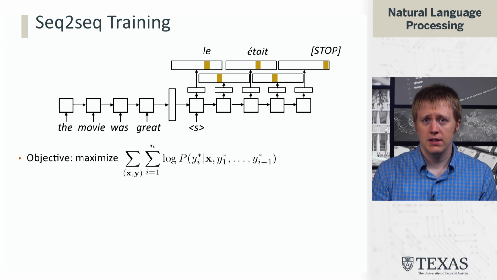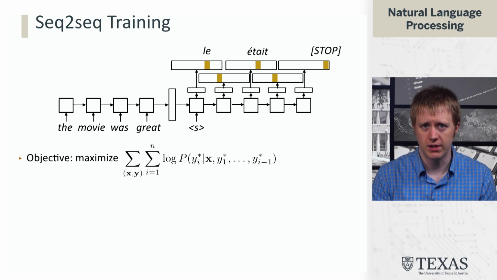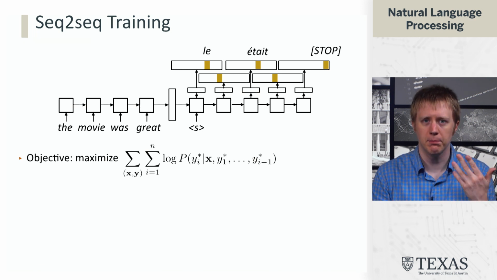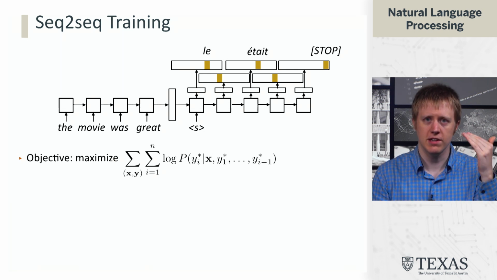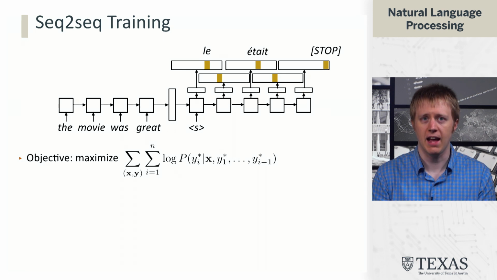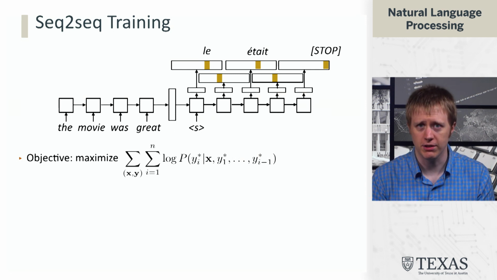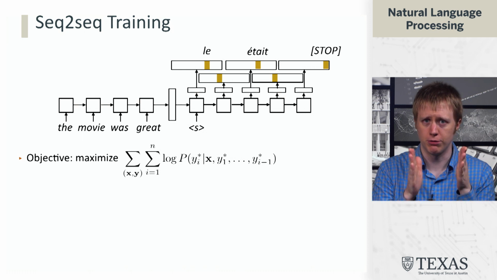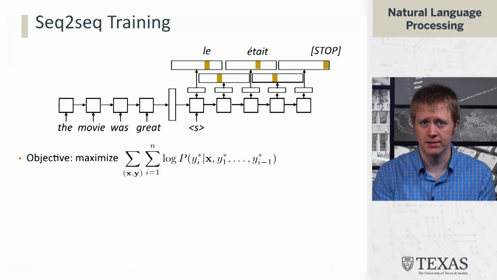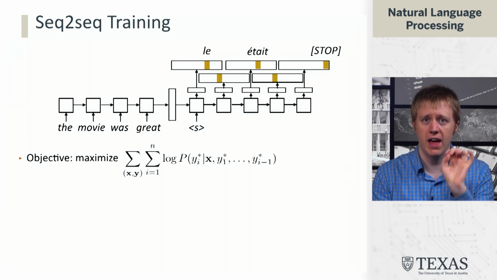So at training time, what we need to do is maximize the likelihood of the observed data. Following the template we've been using so far, each of these distributions over tokens has some correct value given by whatever our ground truth translation we're training on is. And we can compute the log probability of the model's prediction of that ground truth token.